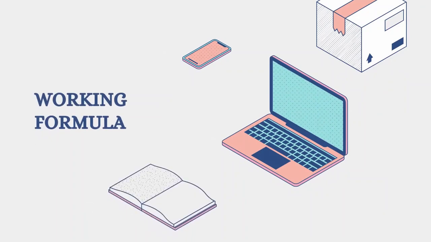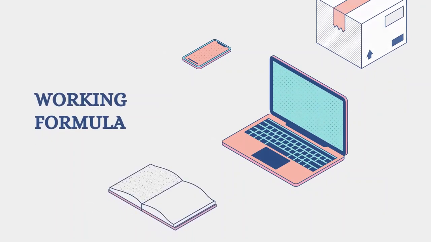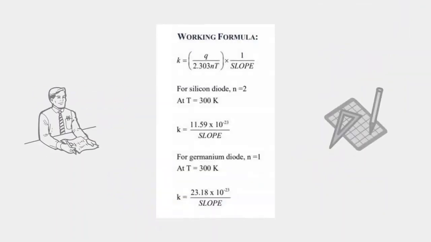So let's look at the working formula. As I told earlier, k is equal to q upon 2.303 nT into 1 upon slope. If we are using a silicon diode, the value of n is equal to 2, and T is equal to 300 Kelvin, which is room temperature.